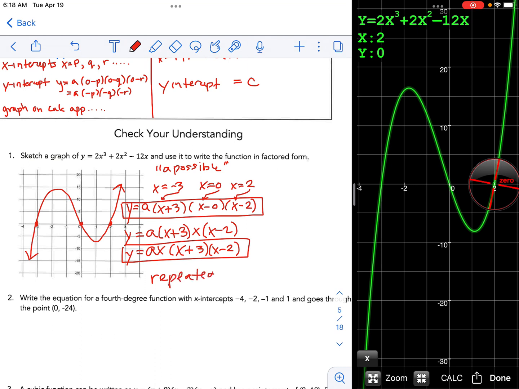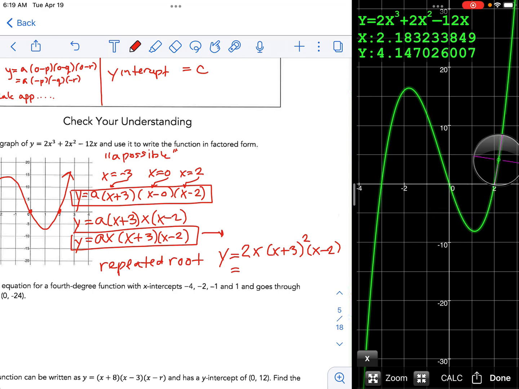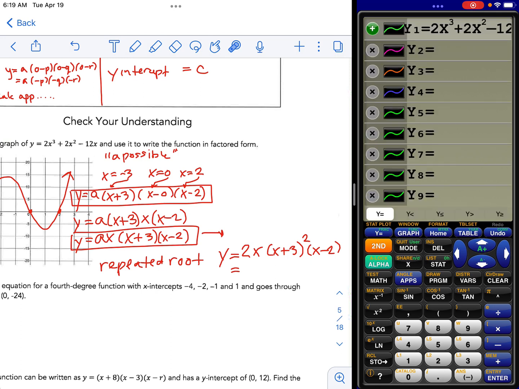So a repeated root is when we have something like y equals, and I'm going to base it off of this, y equals 2x times the quantity x plus 3 squared times x minus 2. So what I did is I repeated, by putting a power, this factor.